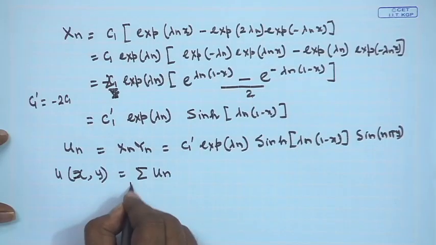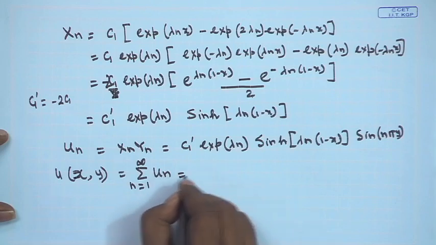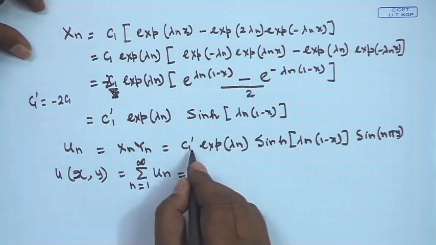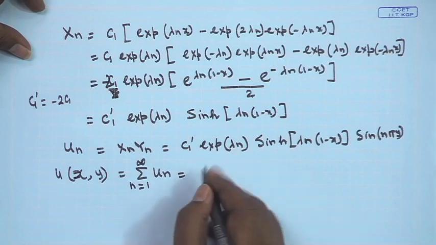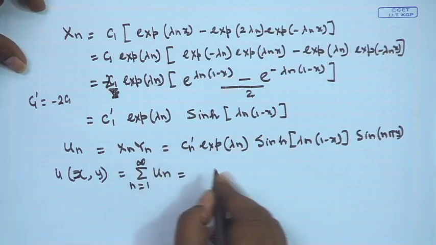So, we construct the complete solution by summation of U n, where the index n runs from 1 to infinity, and this will be, okay, C 1 prime multiplied by C 1, it will be a new constant maybe. So, it will be new constant C n prime.